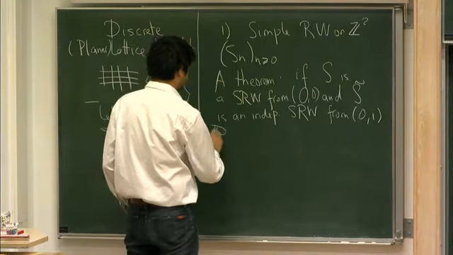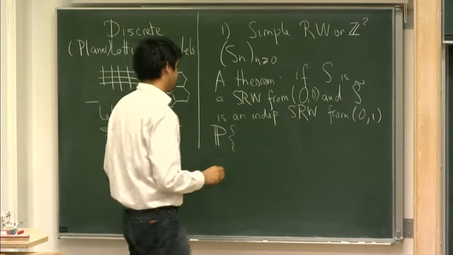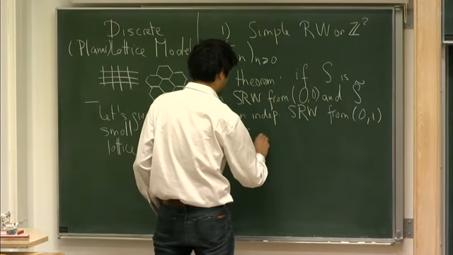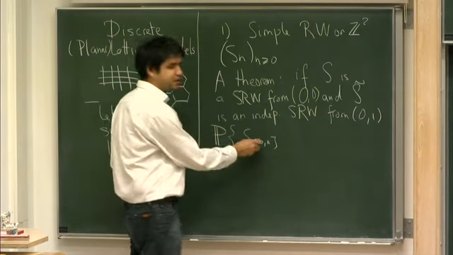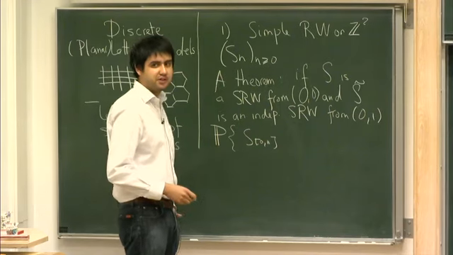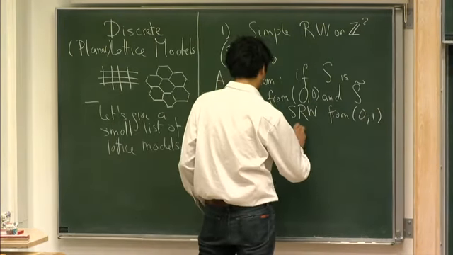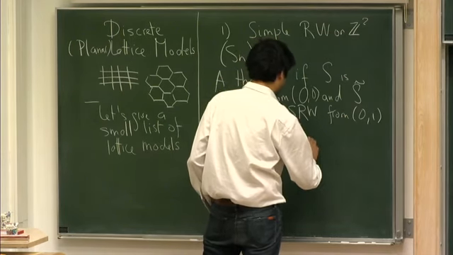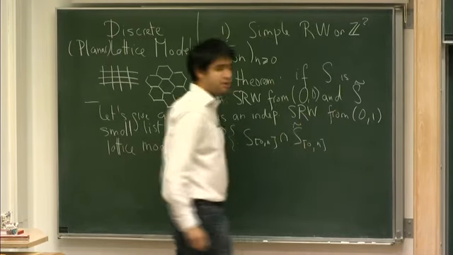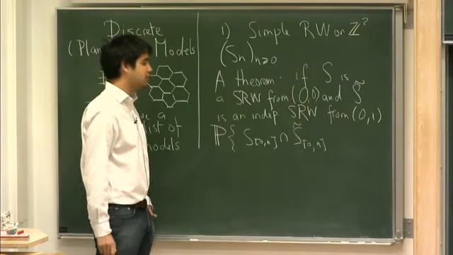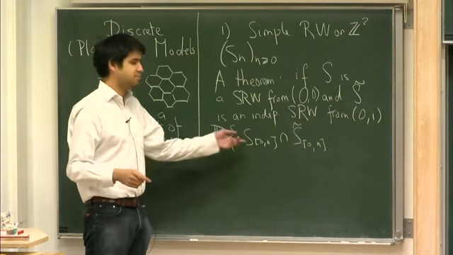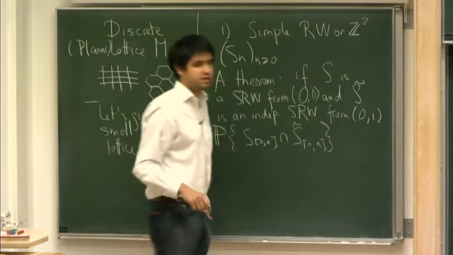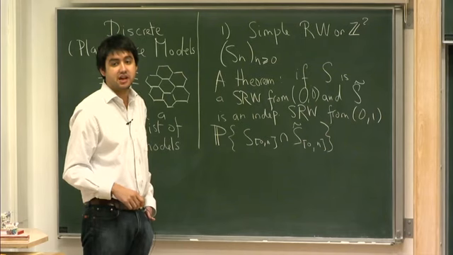The probability that S[0,n], so the set of points that the random walk has visited up to time n, doesn't intersect the set of points that the other random walk has visited up to time n. So obviously, this probability is decreasing in n.